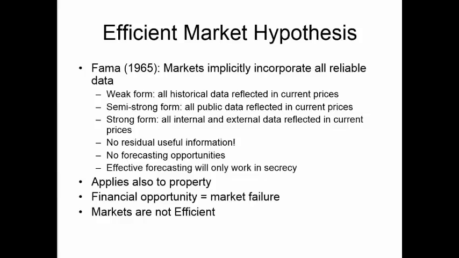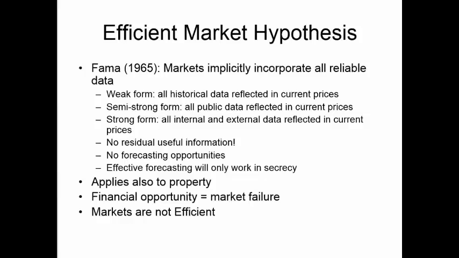If the strong form of the efficient market hypothesis holds, then the current price is the market's best estimate of the correct price for all information, both historical, present public, and also present internal data. It leaves little wiggle room for finding benefits in the market.